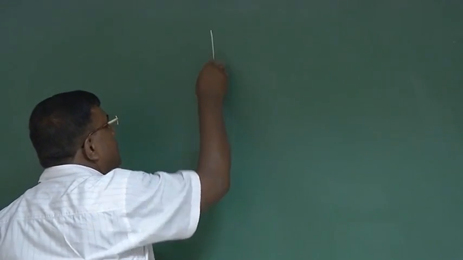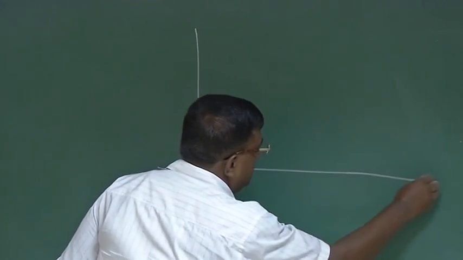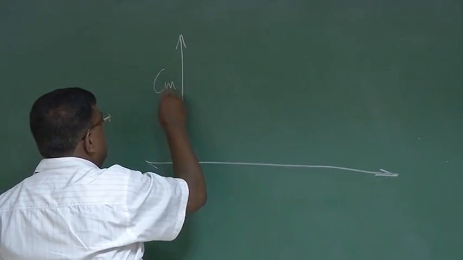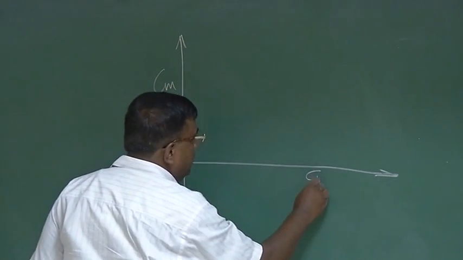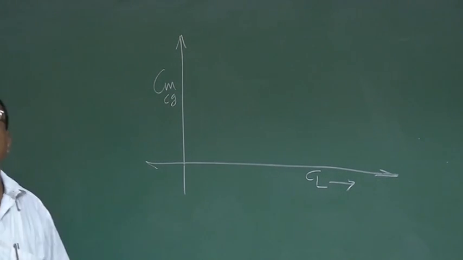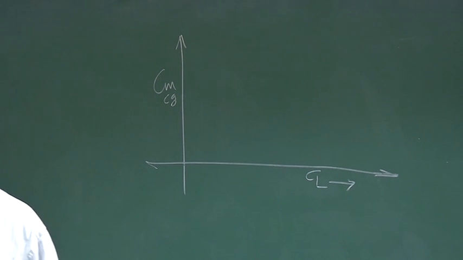Now let us also understand Cm,cg and Cl. Please take note, now I am using the Cm,cg versus Cl graph, which is equivalent, with a little bit of numerical scale up or scale down, to Cm versus alpha, right?